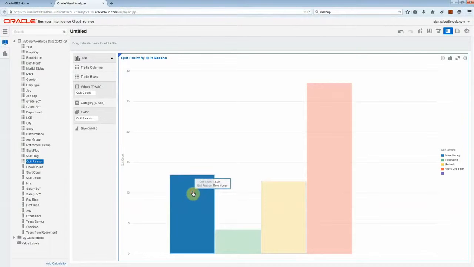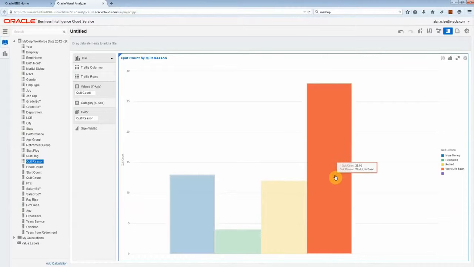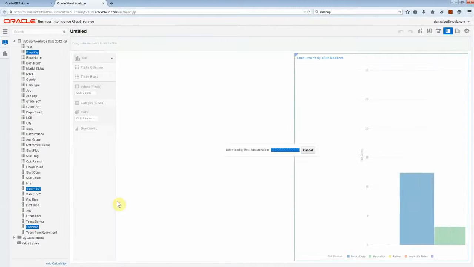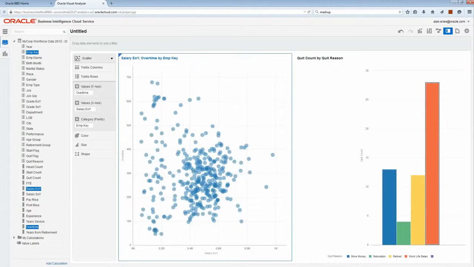Certainly we might be able to do something about pay and a work-life balance, can't do much about retirement and relocation. So with that in mind, for each employee, I'd like to understand where they appear in the salary continuum and in the overtime continuum. Okay, so here is the distribution of my employees.